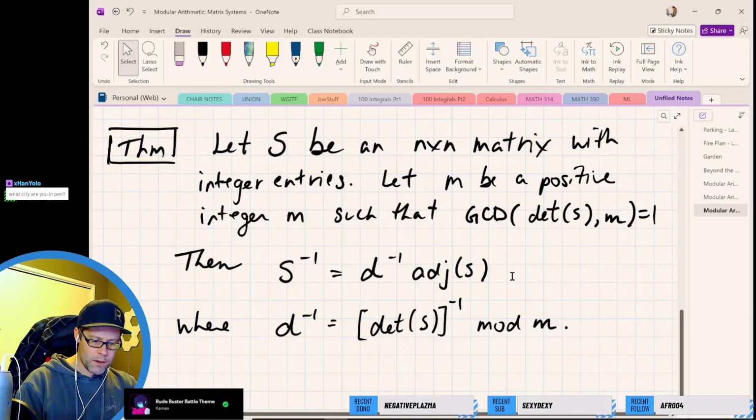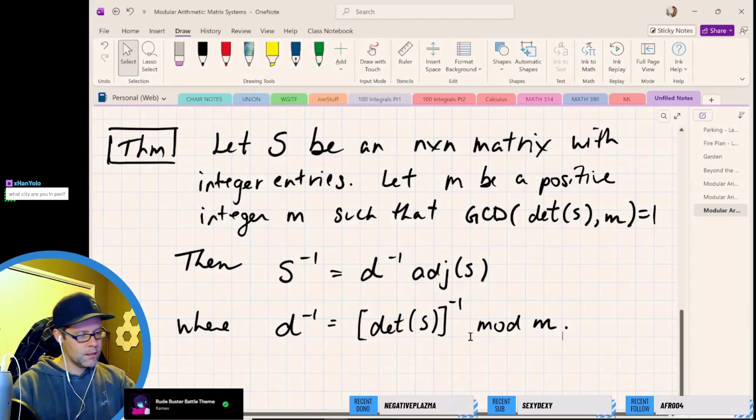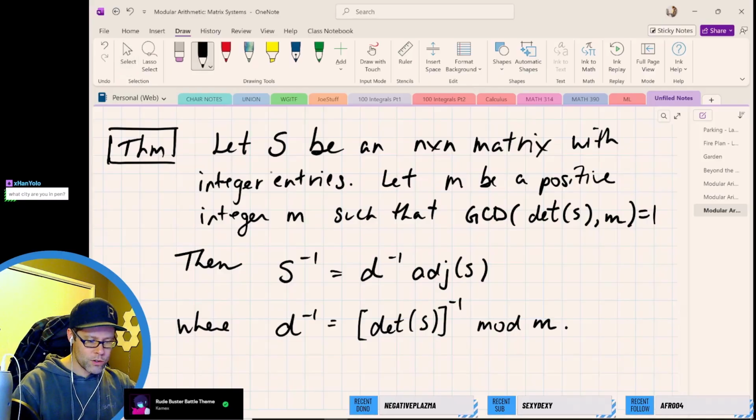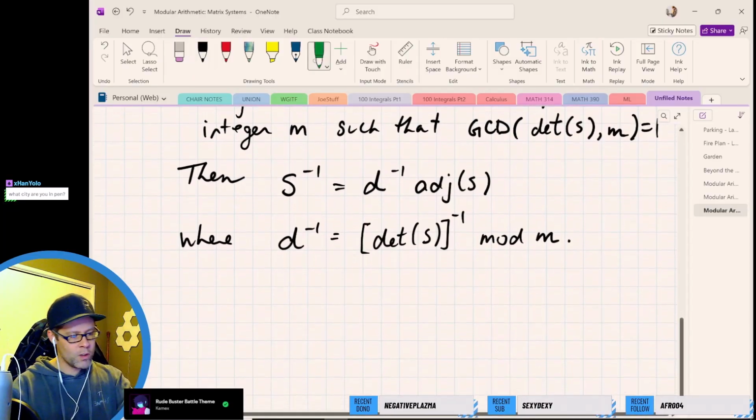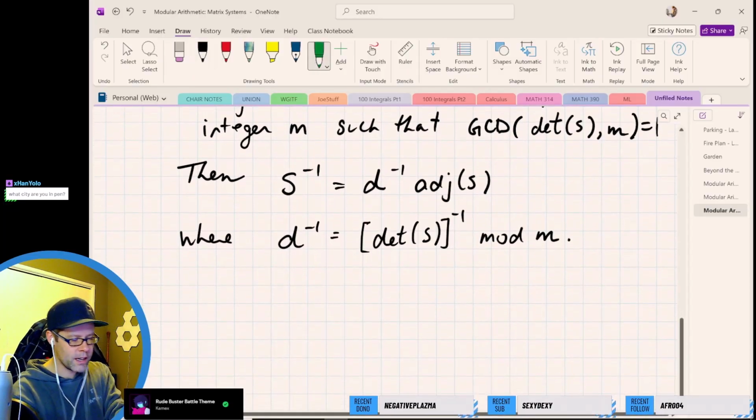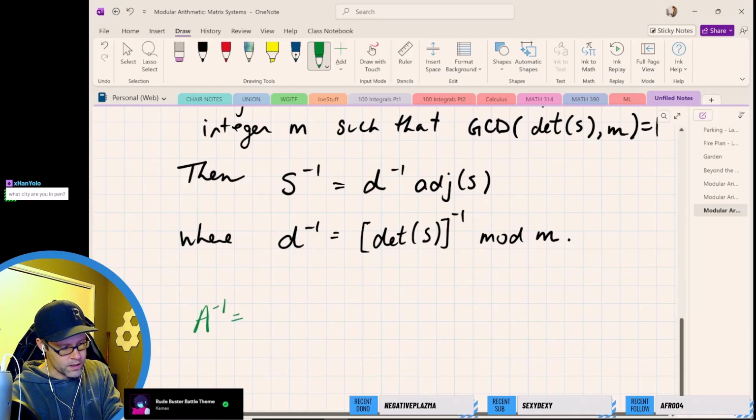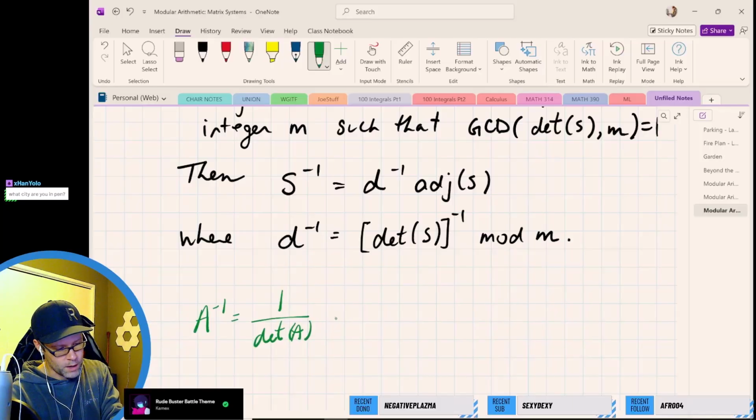Okay, so I want to go ahead and prove this. And then we'll take a look at some examples so you can see how to work with this formula. The formula is very similar to what we would expect it to be. What's the formula for regular matrices? I think it's A inverse is equal to 1 over det A times the adjoint of A, right?